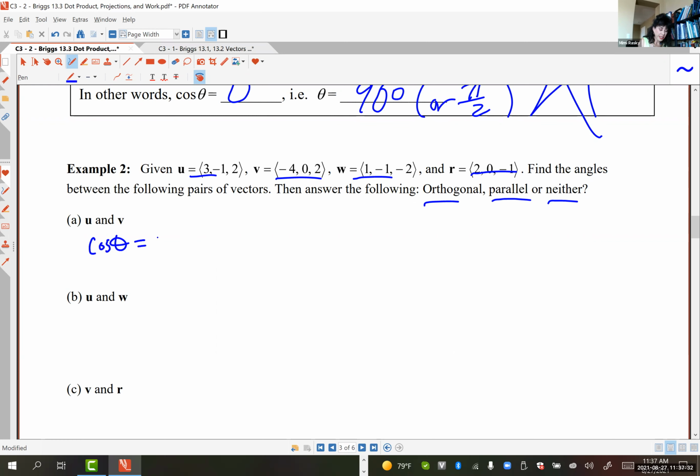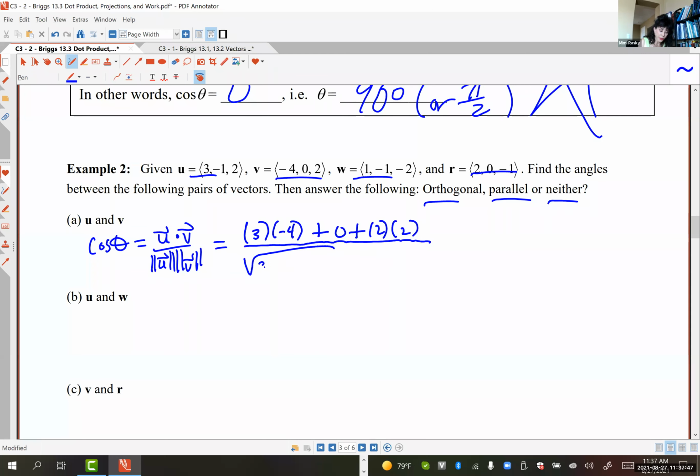Well, cosine of the angle between them will be the dot product of u and v divided by the product of the magnitudes of u and v. So let's see, I'm going to go 3 times -4 plus 0 plus 2 times 2 for the numerator. And that is all over square root of 3 squared plus 1 squared plus 2 squared times the square root of 4 squared plus 0 squared plus 2 squared.